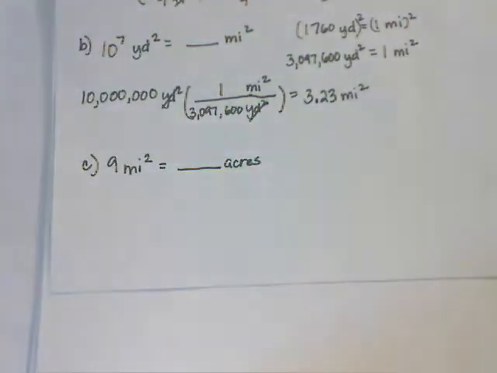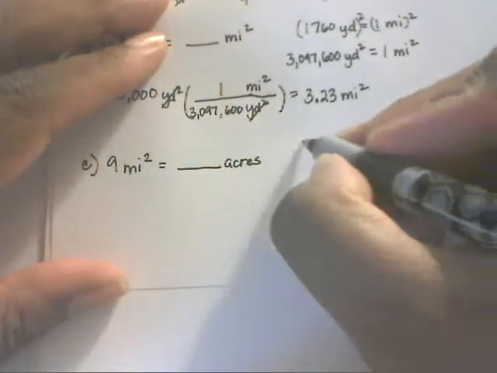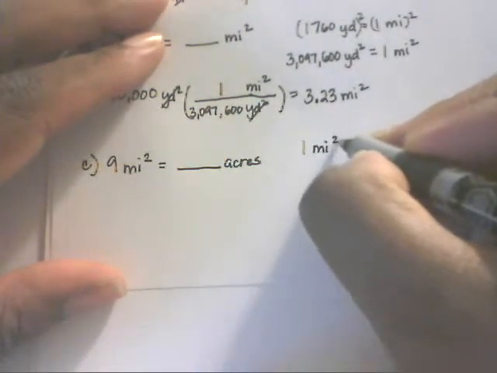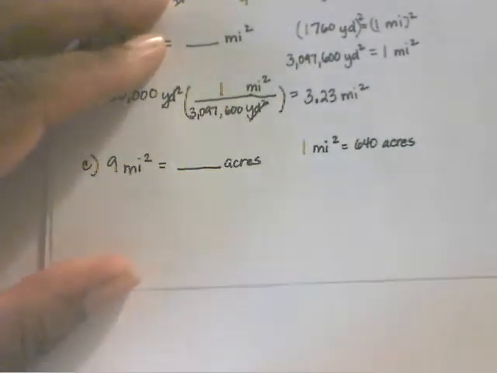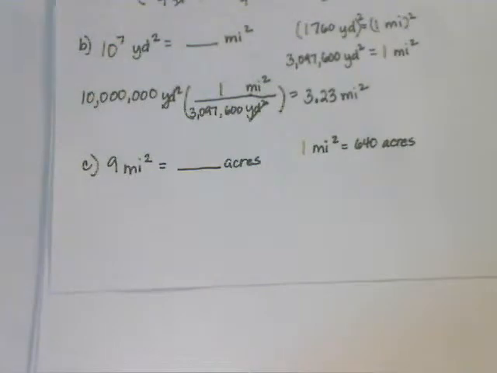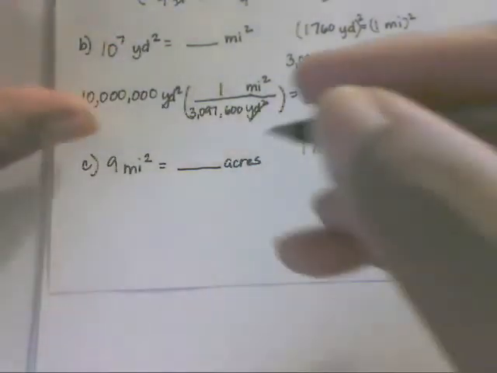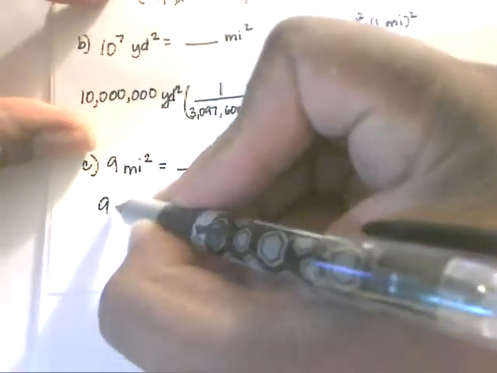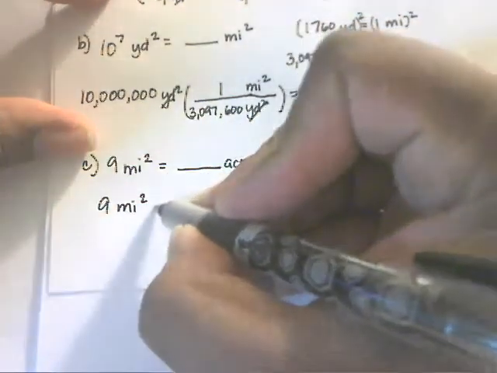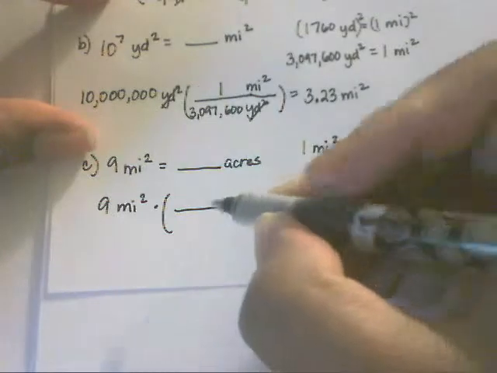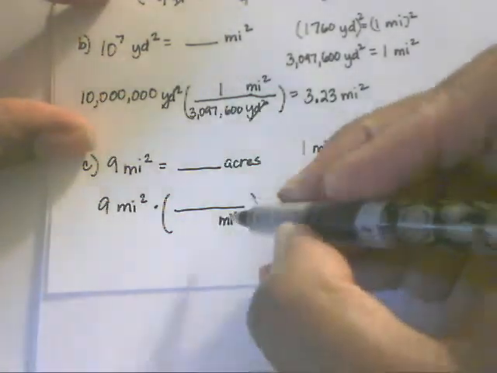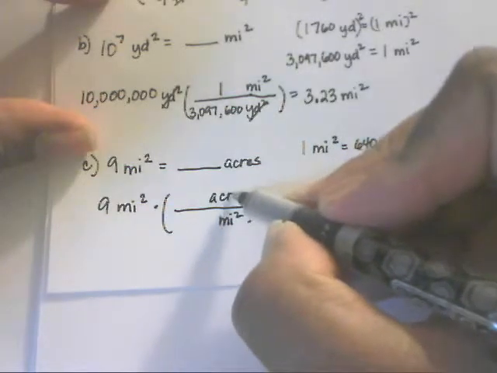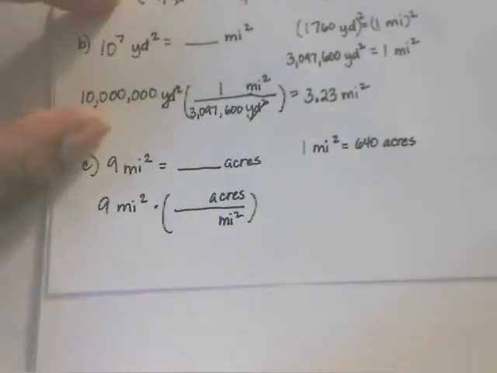So in this case here, 1 square mile is equal to 640 acres. That's the conversion here. So now we're going to convert square miles. So 9 square miles multiplied by, we're converting from square miles, so the square miles go in the denominator. We're converting to acres, so acres should go in the numerator.